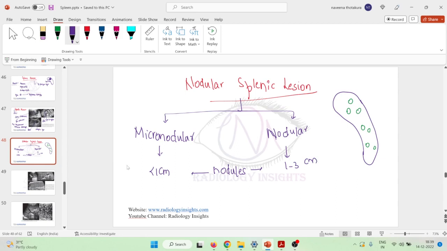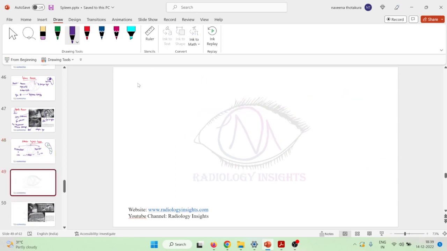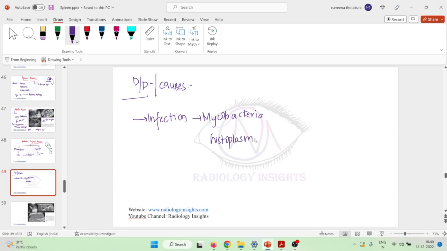Now, what are the differential diagnoses of nodular splenic lesions? Nodular splenic lesions can occur due to certain infections, like mycobacterial infection, that is tuberculosis, or histoplasmosis. Then we have sarcoidosis.